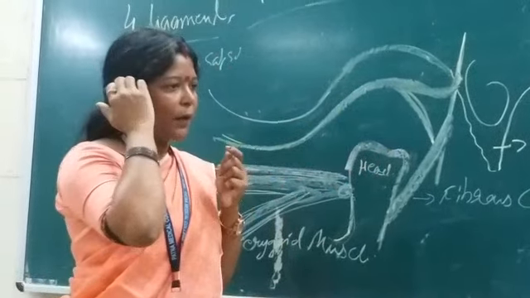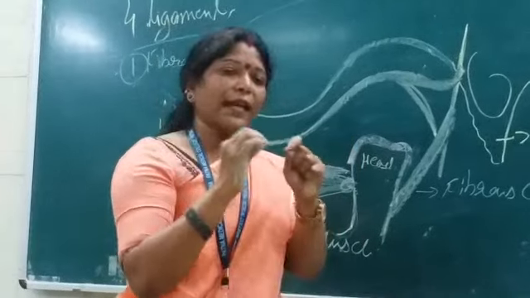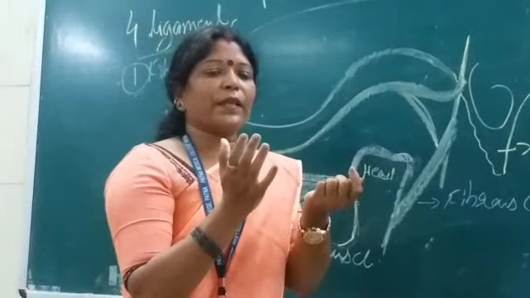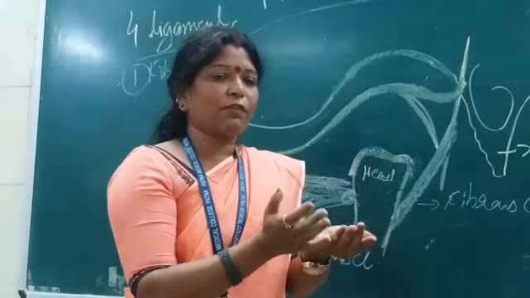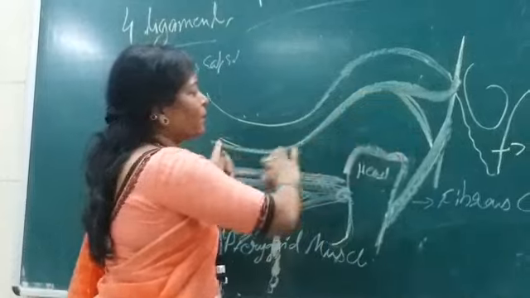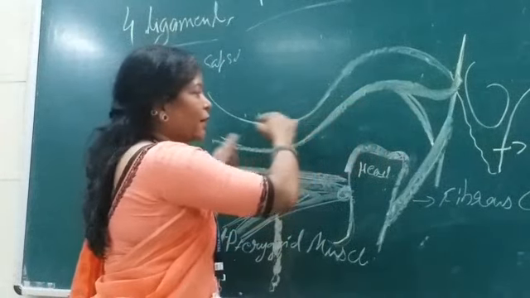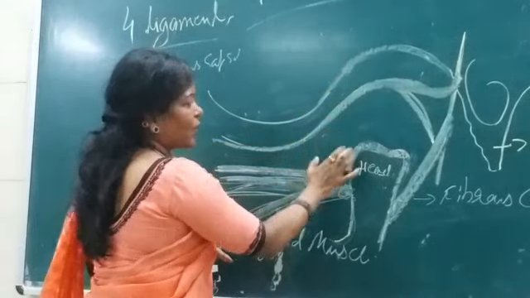Above and below, wherever there are articular surfaces inside the joint cavity, there is the presence of an oval plate-shaped structure which is made up of fibrocartilage. And the shape of this plate is congruent with both the articular surfaces, above as well as below.